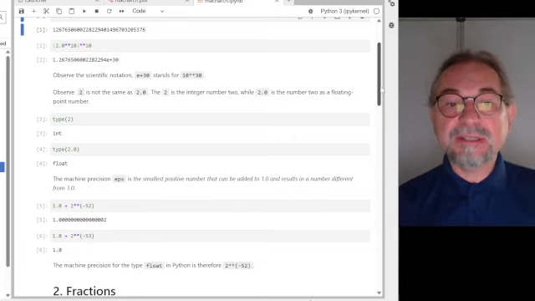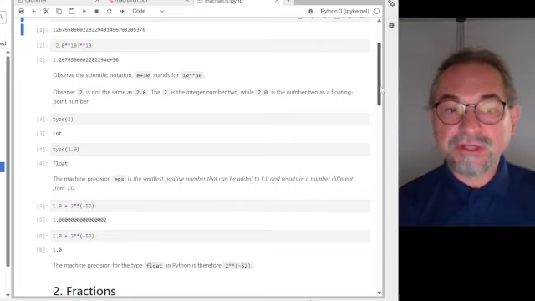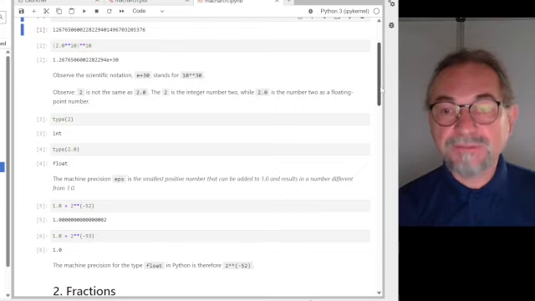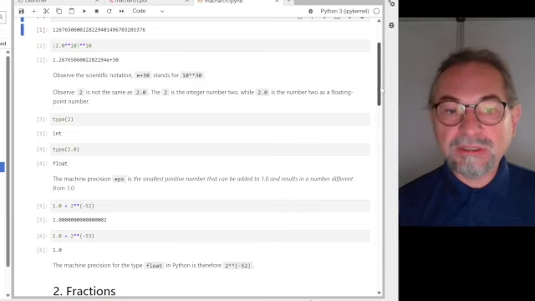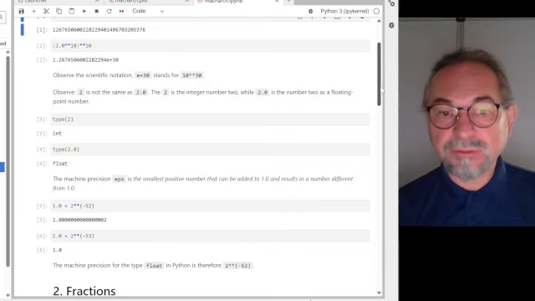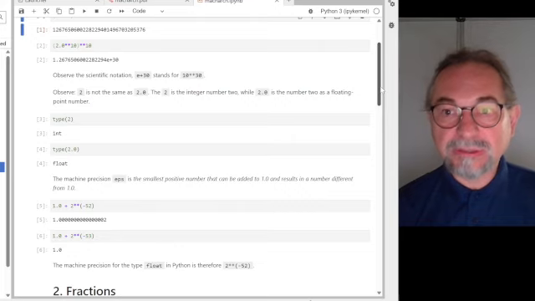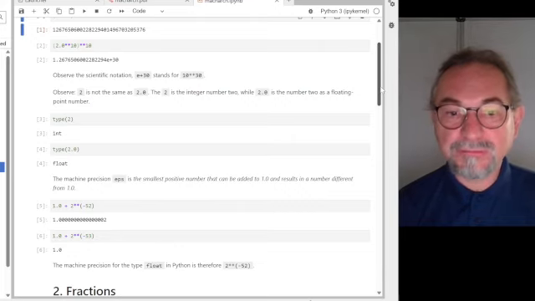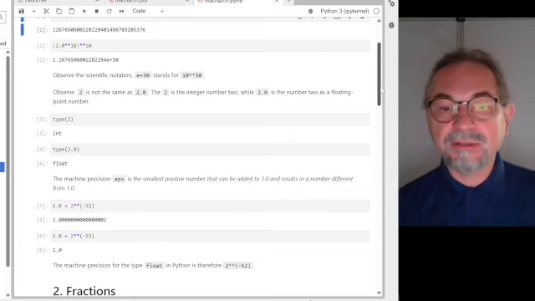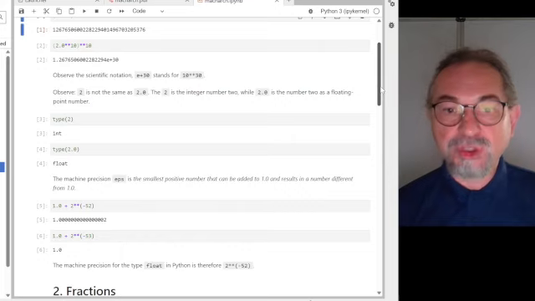Here you see the introduction of machine precision. So if you add 2 to the power minus 53 to 1, then you don't see a difference with 1 anymore. So this is an illustration of the machine precision. So the machine precision is expressed in the powers of 2.